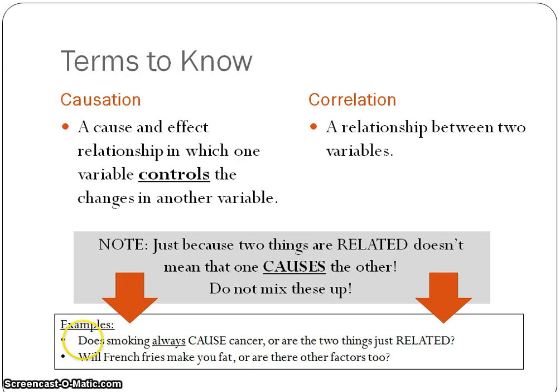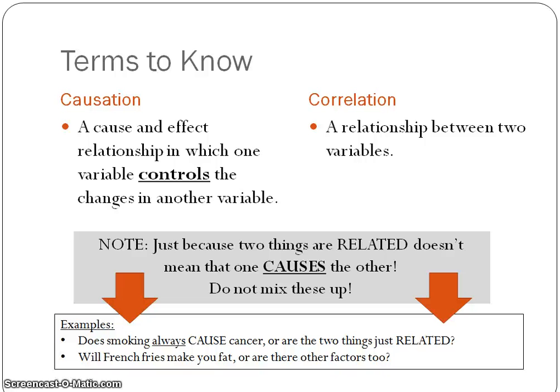Okay? For example, does smoking always cause cancer, or are the two things just related? Well, although there's a very, very strong correlation here, we don't want to go around saying that smoking causes cancer if in fact that's only partially or sometimes true. If a person were to pick up a cigarette just once and then never touch them again, that doesn't mean they're automatically going to get cancer.